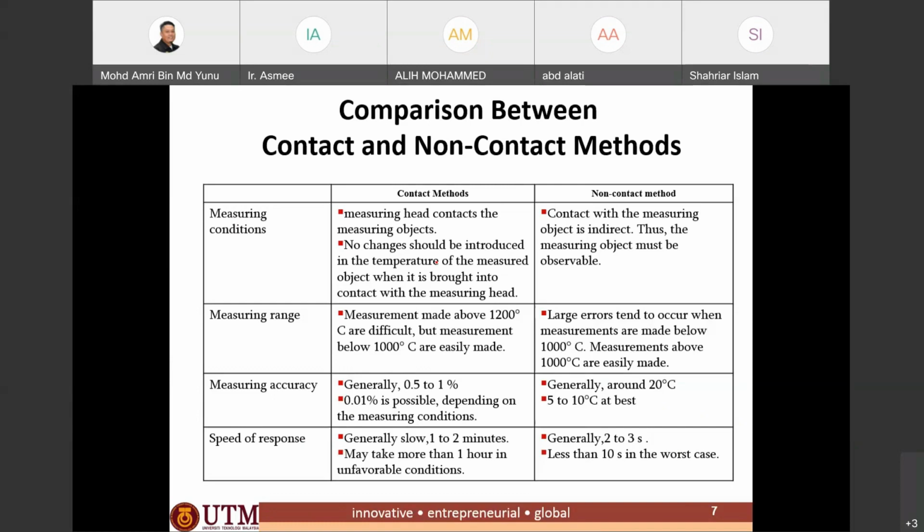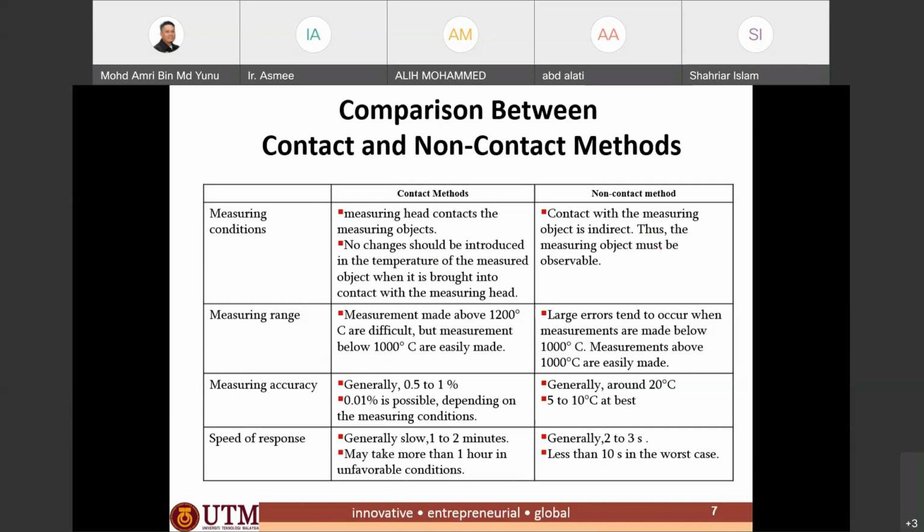So it must quickly reach the equilibrium state, whereby it does not change, add or reduce the thermal energy of the object we want to measure.